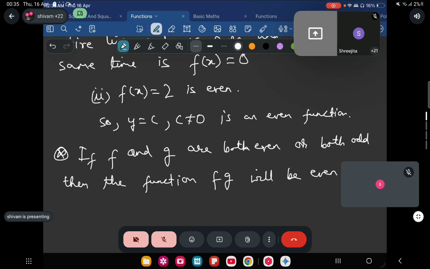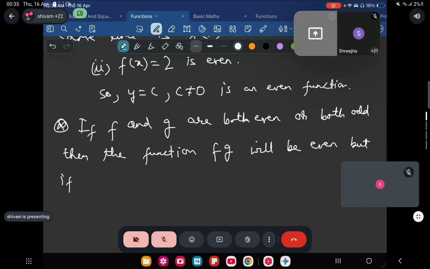But if any one of them is odd, then f into g will be odd. It's like odd into even is odd, odd into odd is even, even into even is even, even into odd will be odd.